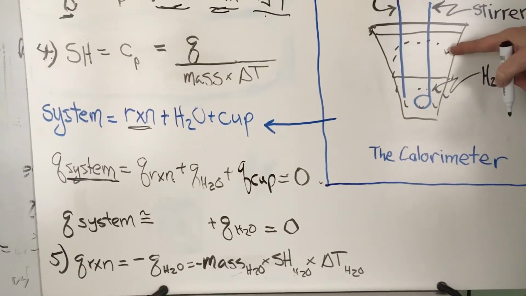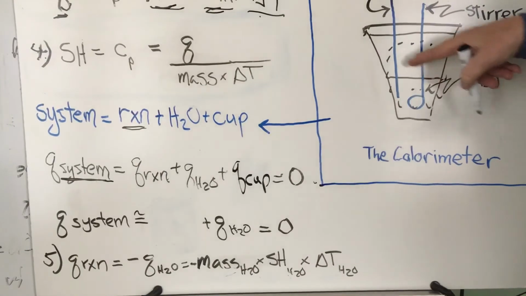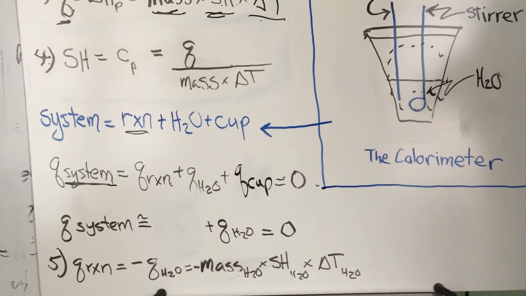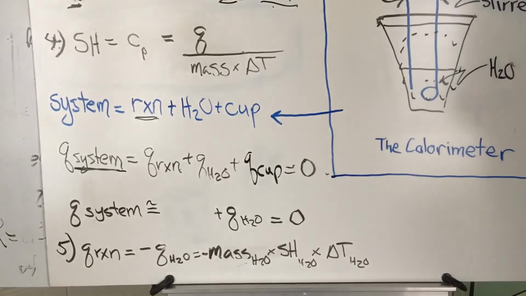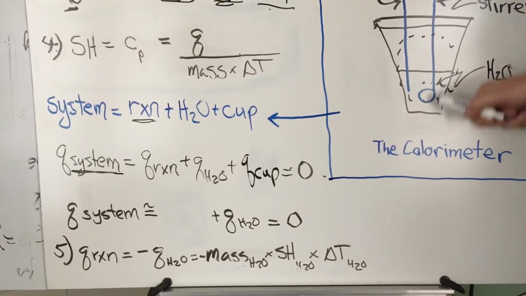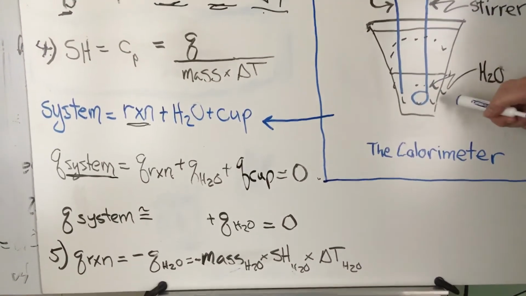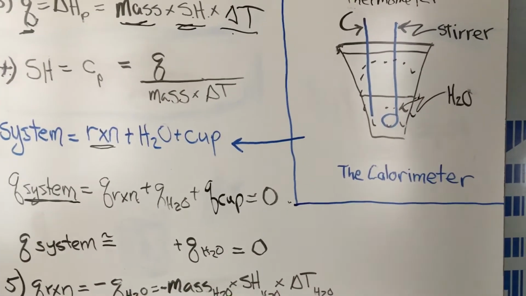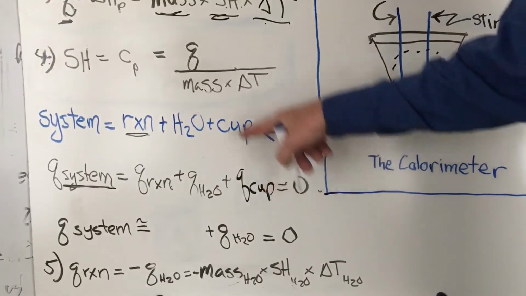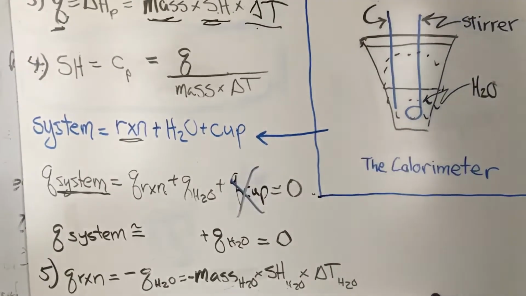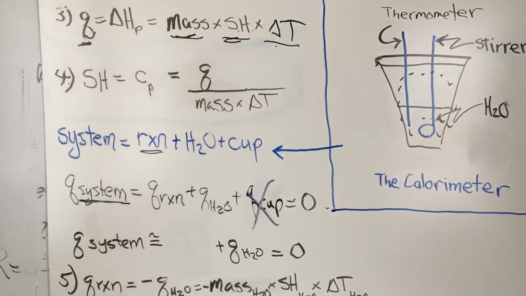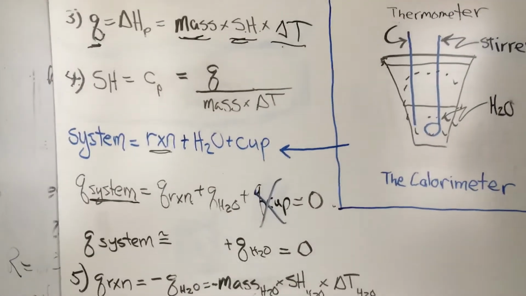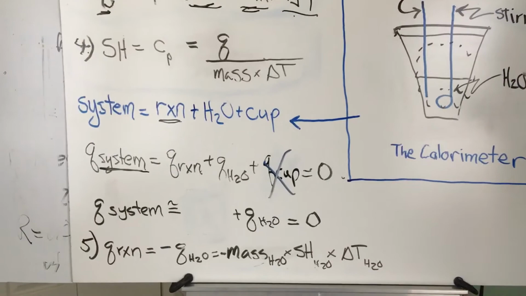Now, there's going to be a lot of heat energy exchange between the reaction and the water and the inside surface of the cup and the stirrer rod and the thermometer. However, we're going to make a bold assumption here, that the amount of heat energy absorbed by the inside surface of the walls of the styrofoam cup and the thermometer and the glass stirring rod is essentially 0, or very, very tiny compared to the heat energy associated with the reaction and the water.